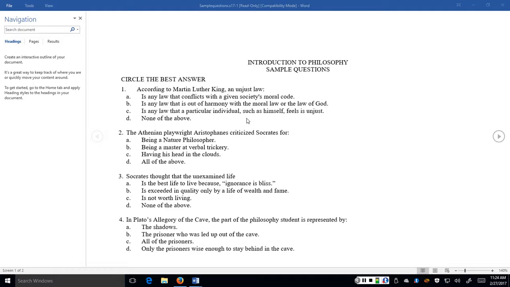But what about the value of what passed for wisdom back in the cave for the released prisoner once he's enlightened, once he knows the truth, once he knows what reality is and knows that the shadows are only a copy of reality? Does he value what passed for wisdom and knowledge in the cave?